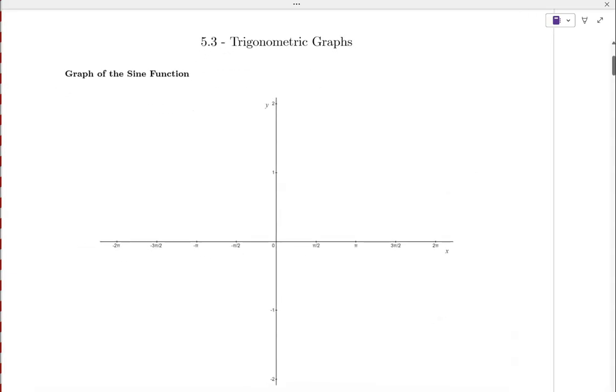So let's move on then and talk about getting graphs of the trig functions. This is pretty standard in math. You come across a new type of function, you want to get a picture of what it looks like.